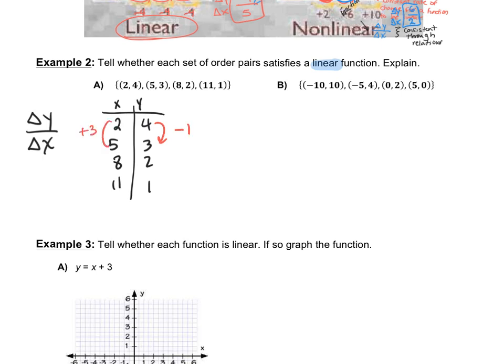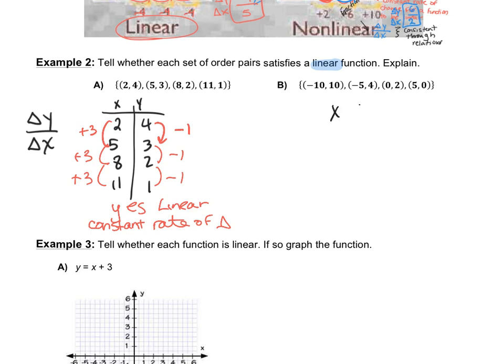So the first change of y over change of x was negative 1 over 3. The next one, down by 1, up by 3. Down by 1, up by 3. Yes, this is a linear function because there's a constant rate of change.